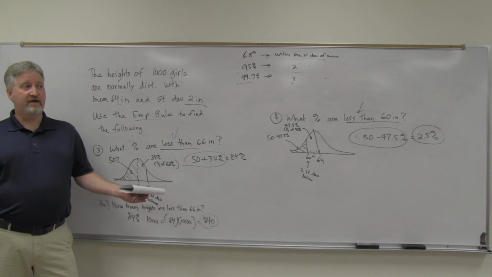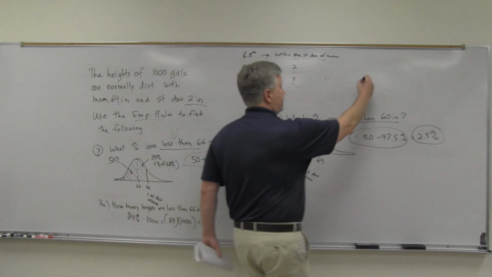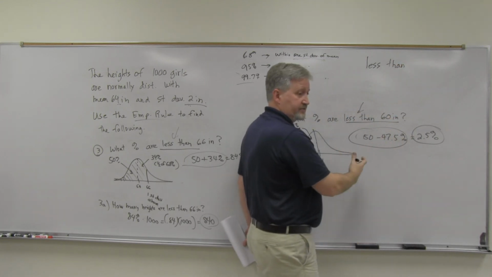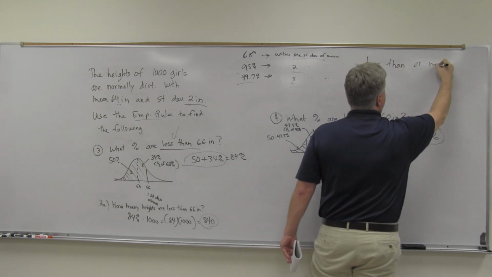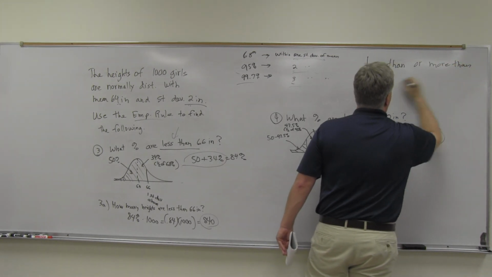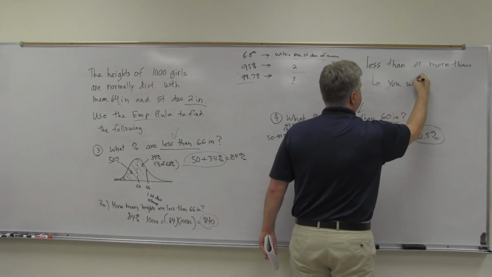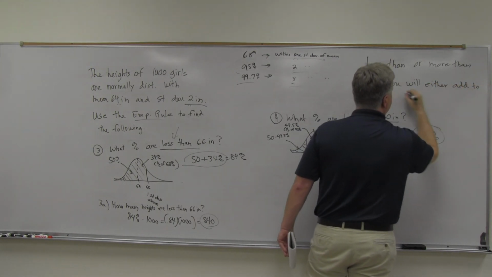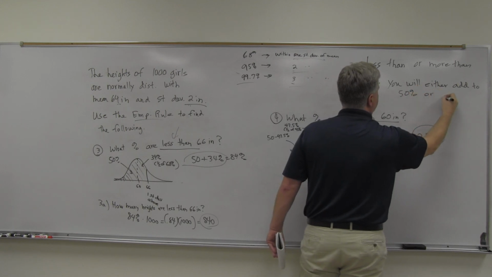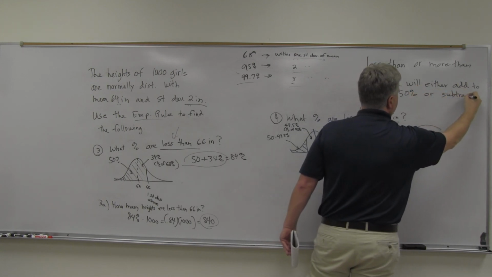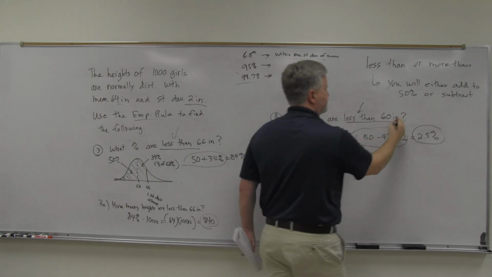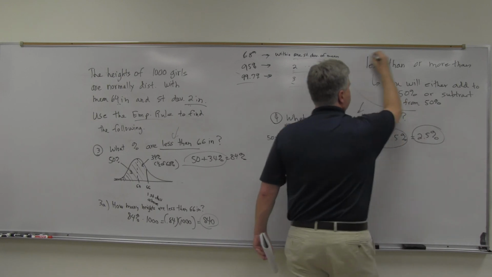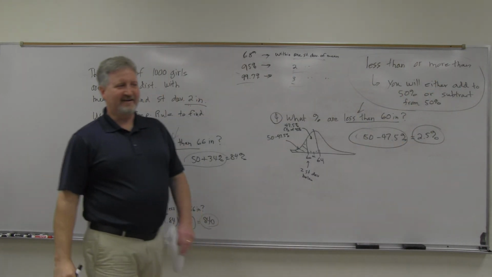If it's less than or more than, you either add to 50 or subtract from 50. And the picture kind of helps. So you either add to 50% or subtract from 50%, whatever the empirical rule percentage gives you. Okay? So that's a little note for you there.